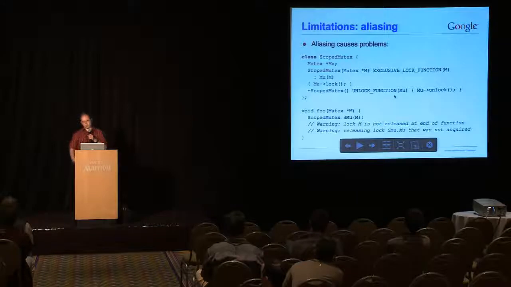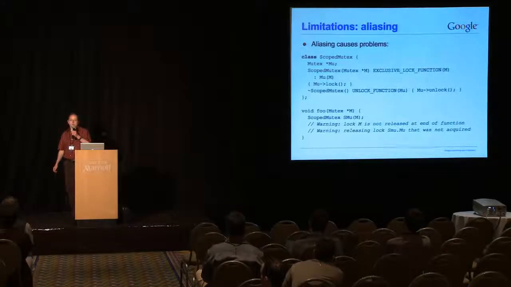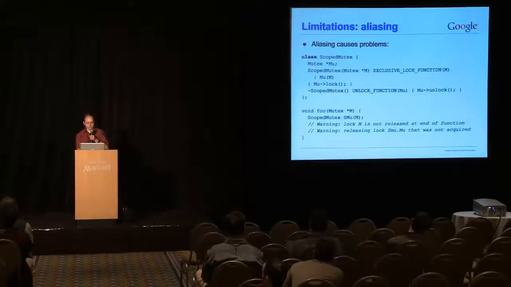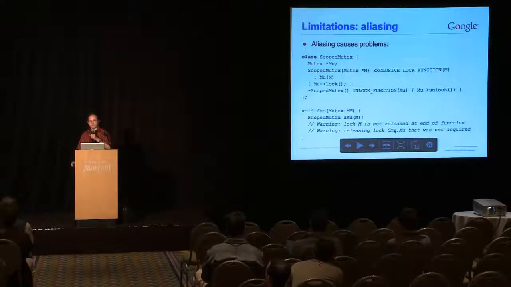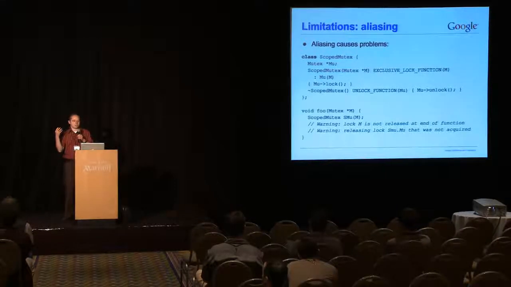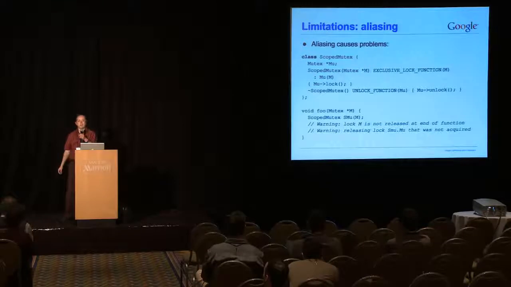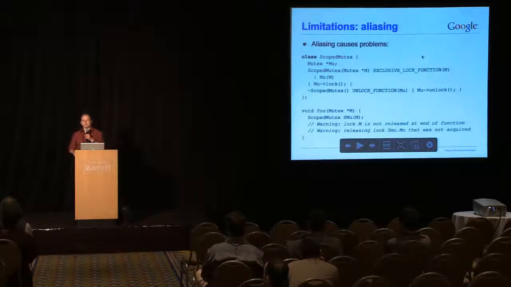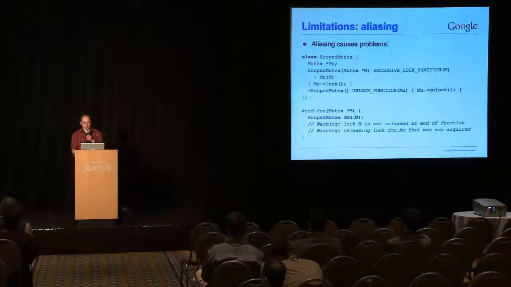These things are set to be equal to each other, but there is no way for the analysis to notice that, so you'll get these two bogus warnings if you attempt to implement this as is. We have a special hack with some additional annotations to deal with particular patterns like this, but it would be nice to have a slightly more sophisticated system that did not require those hacks.